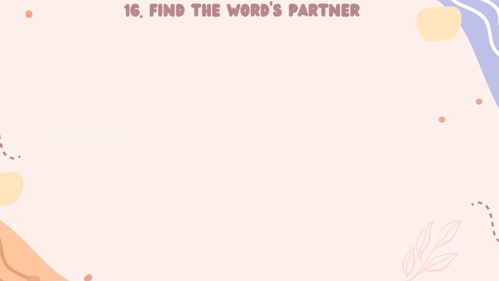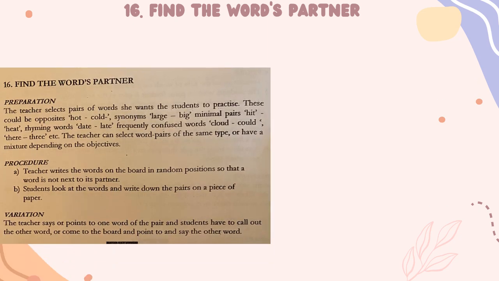Technique 16 is called Find the Word's Partner. This technique requires teachers to select words that can either be opposite of each other, synonymous with each other, or have the same sound. Then, the teacher spreads all the words across the board and asks students to find their pair.